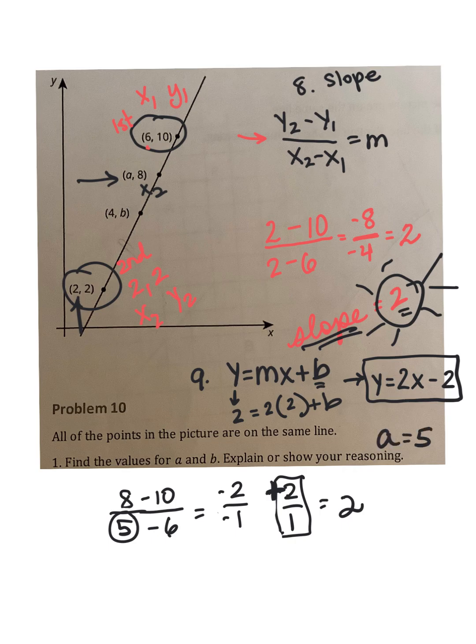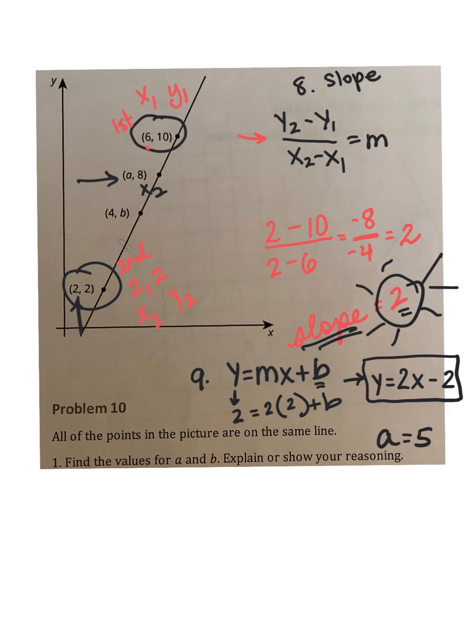Now let's do the same process to figure out B. So I'm going to use the 6 and the 10 again. We can make this x1 and y1 this time. And now to find B, that's 4, and B, that's going to be our x2 and our y2.